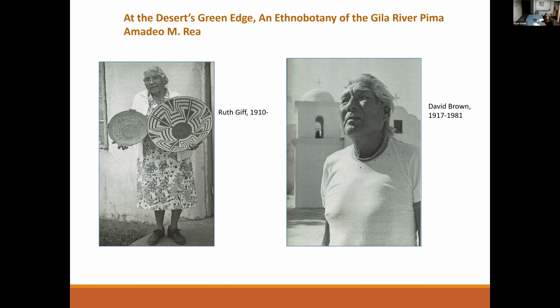I'm sure there's got to be some bias in there, but he was really sensitive to that. So this is another really super excellent book. And even these elders, David's gone, Ruth is maybe gone. We're just seeing the last vestiges of ethnobotanical knowledge.